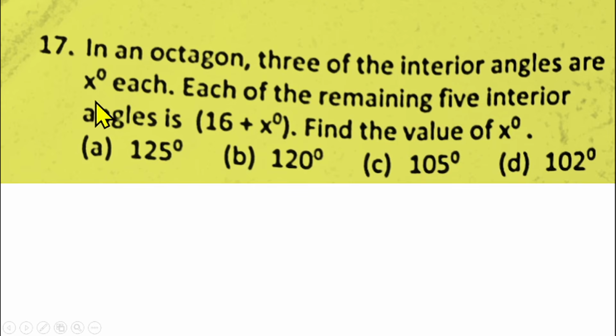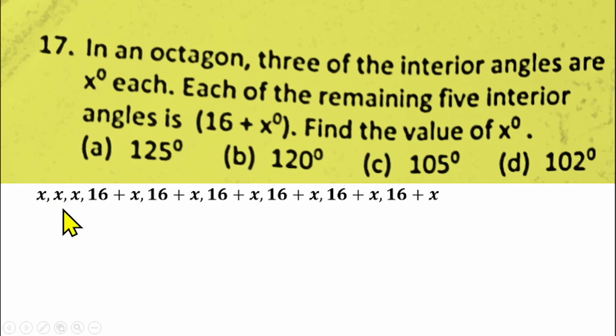So an octagon has 8 sides, and the first 3 interior angles are x, and the remaining 5 interior angles are 16 plus x each. If you sum them together, that will give us the sum of interior angles of an octagon. These are all the angles now.